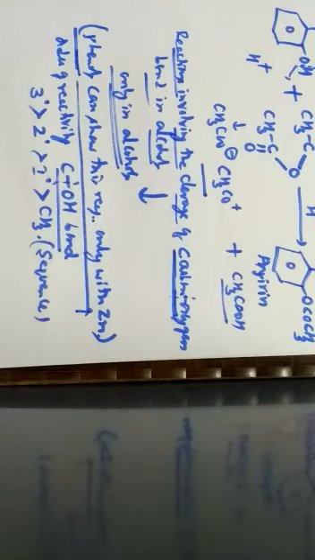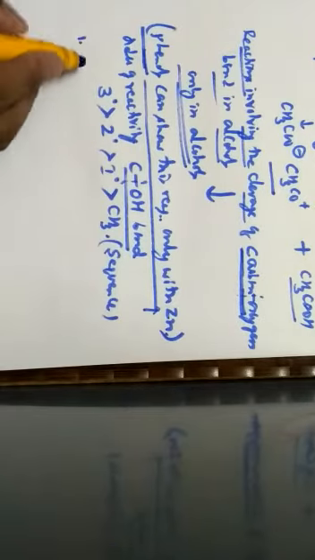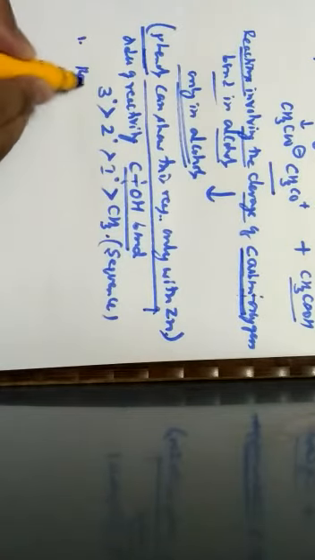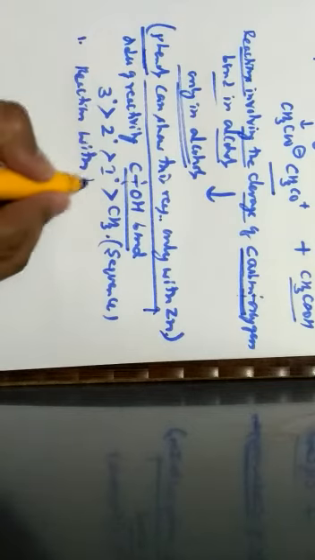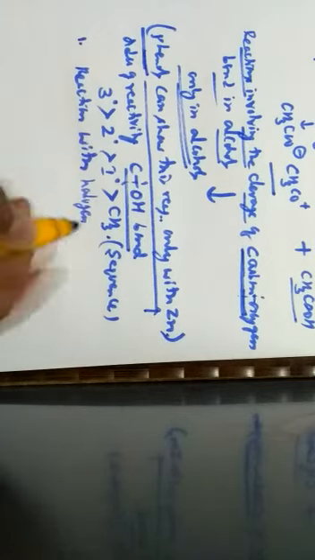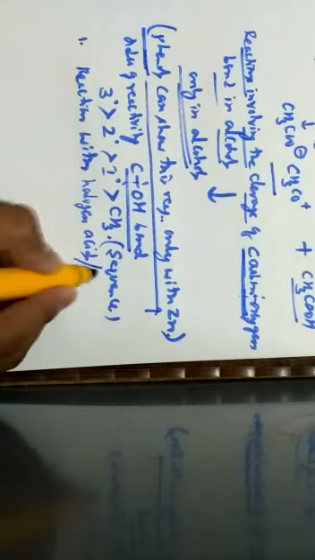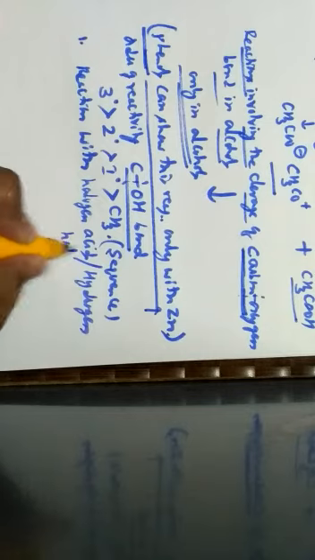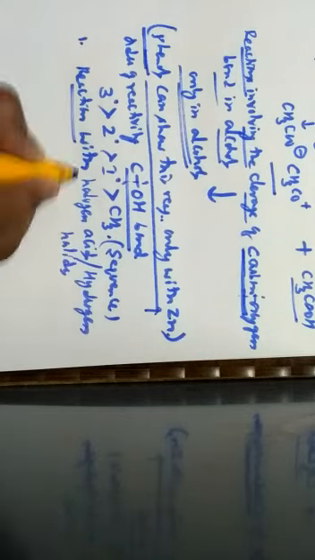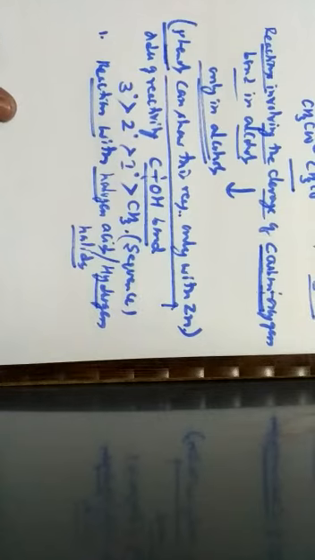By considering all this, the first type of chemical reaction to be studied is reaction with halogen acids, or you can also call it hydrogen halides.